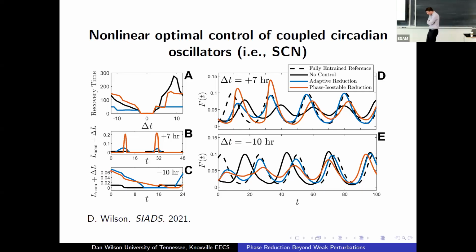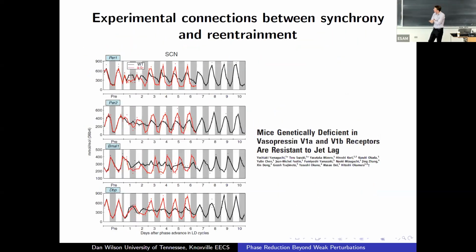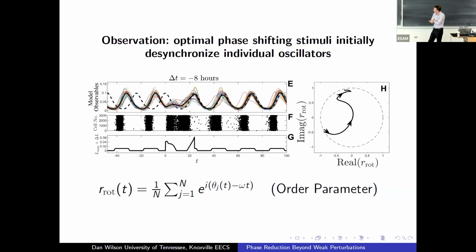Yeah, I mean, I think the missing response is, if this is a coupled population of oscillators and I suddenly hit it with a massive input, I'm probably going to destroy any type of oscillation that I had initially.